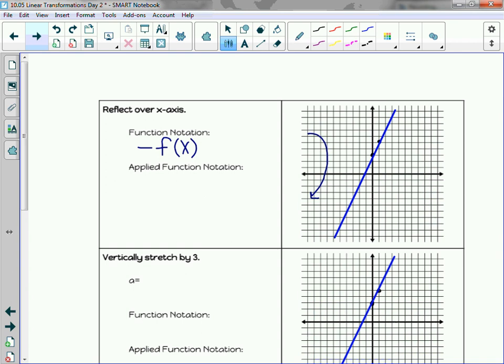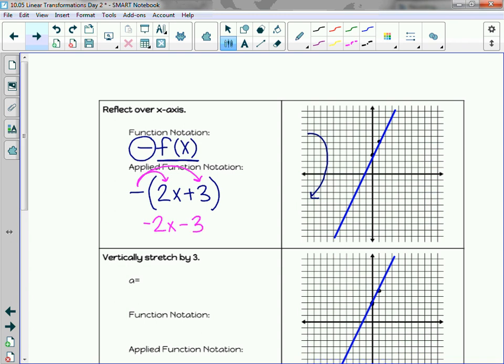What I should see is our line flipping over that axis. If we apply our function notation, what is your f of x? Remember, it's 2x plus 3. And what are you doing to it? You're making the whole thing multiplied by -1. The interesting thing about this is that the negative doesn't just apply to the slope. We're not just going to flip the slope. We also are applying it to the y-intercept. So when I apply that rule, negative 2x minus 3.